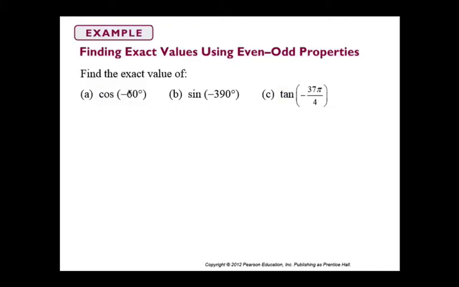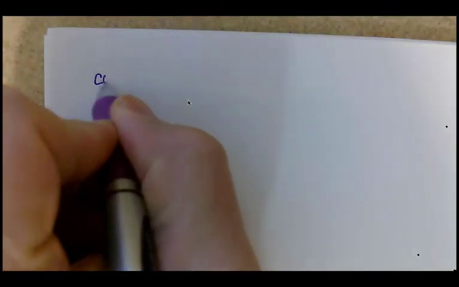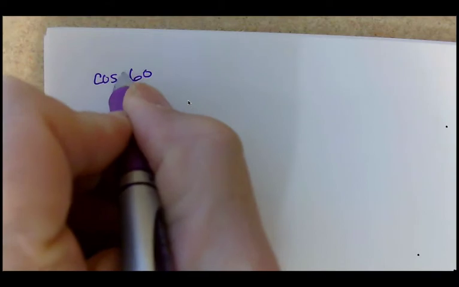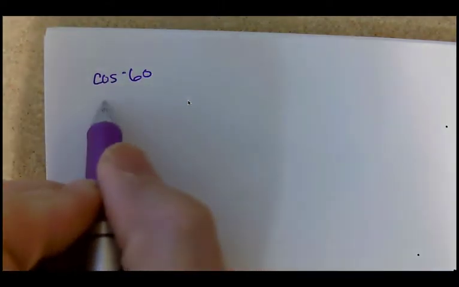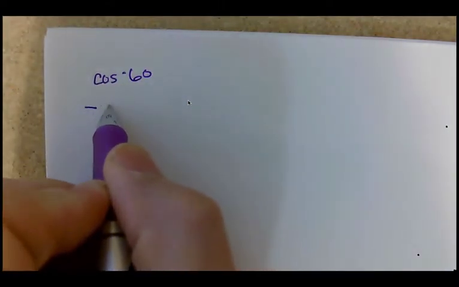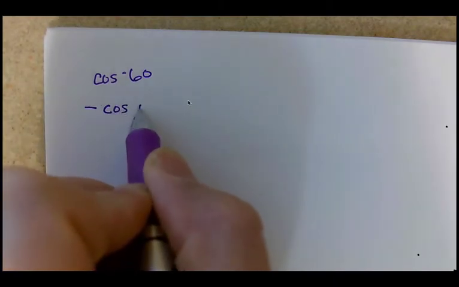So our first example, cosine of negative 60 degrees. We have the cosine of 60 degrees, and it's negative. I'm just going to rewrite this as negative cosine of 60 degrees.